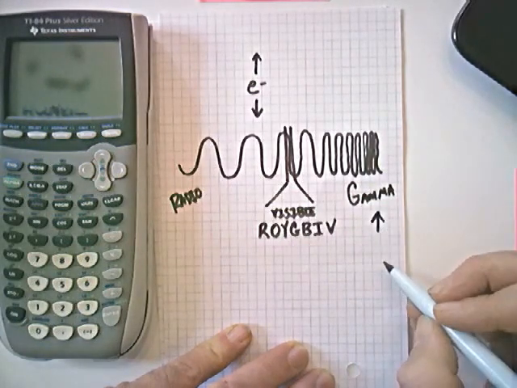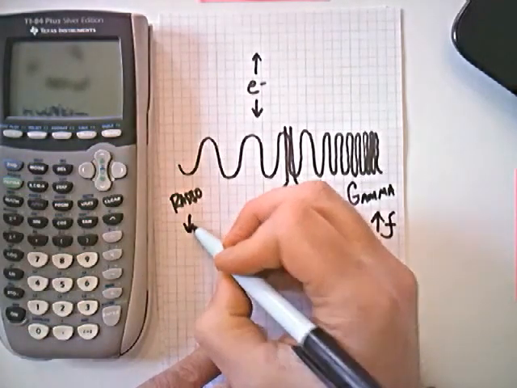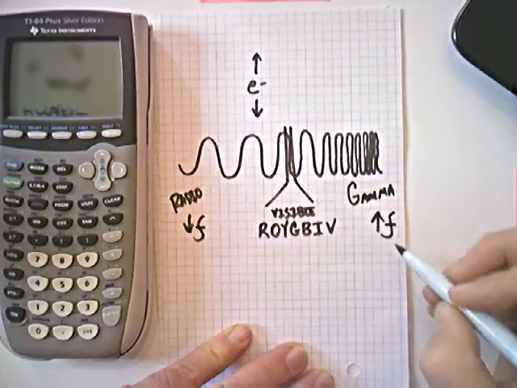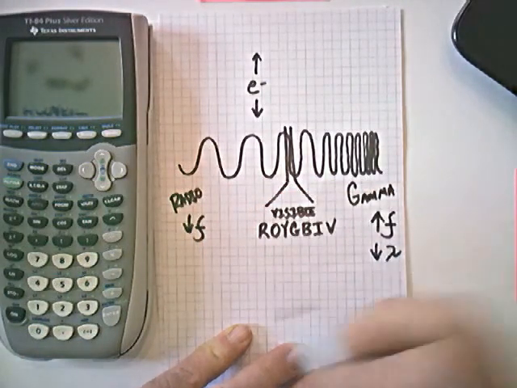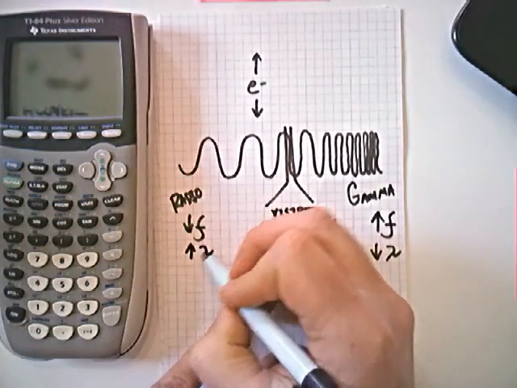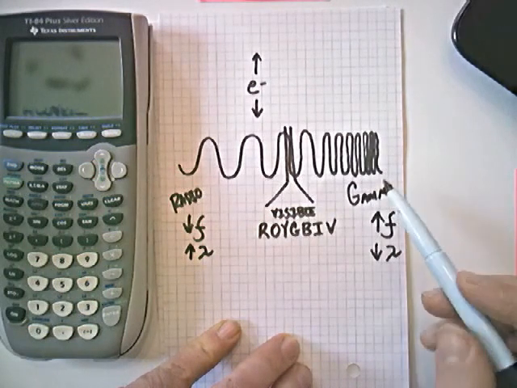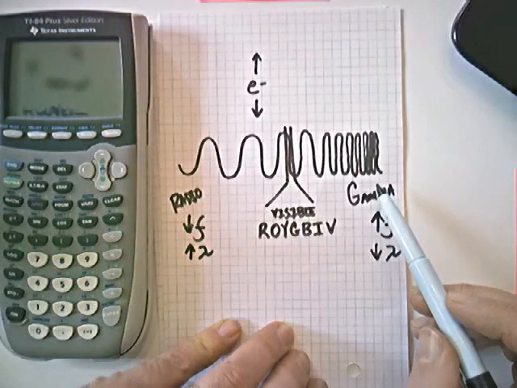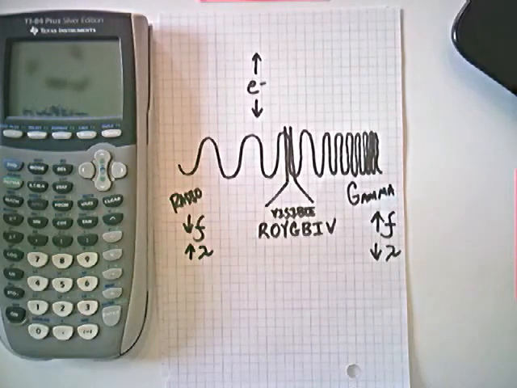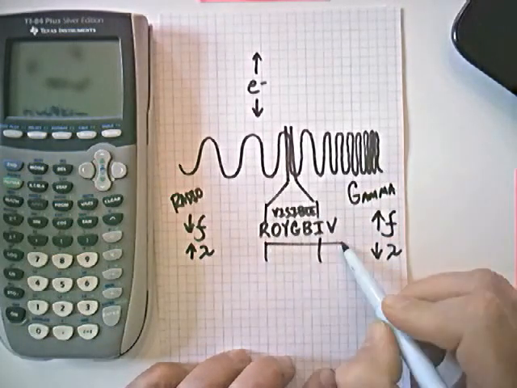Things over here on the spectrum have a higher frequency, and things over here have a lower frequency. Things over here have a shorter wavelength, and things over here have a longer wavelength. Radio waves can have incredibly long wavelengths, and gamma rays are very, very small. So that's a little background about light. We're going to be spending our time here focusing on the visible spectrum.